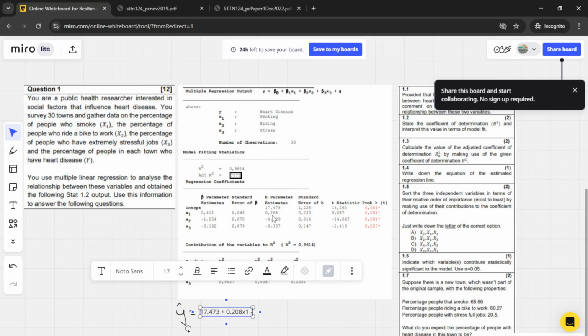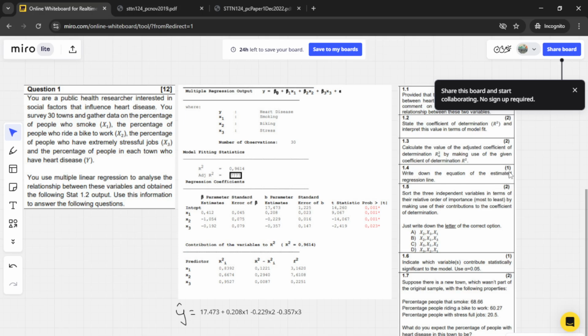Because it's written here as the next one, the next coefficient is a negative, so it's going to be minus 0.229 x2, because that is the coefficient of x2. And then you're going to say minus 0.357 x3. So that is your least squares regression equation.